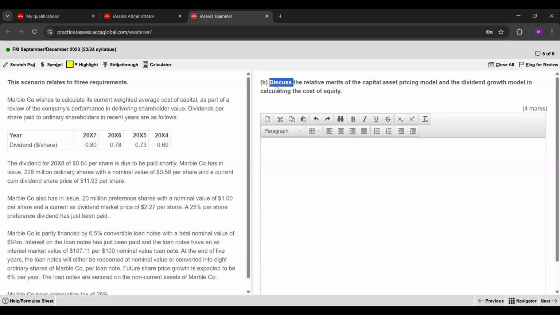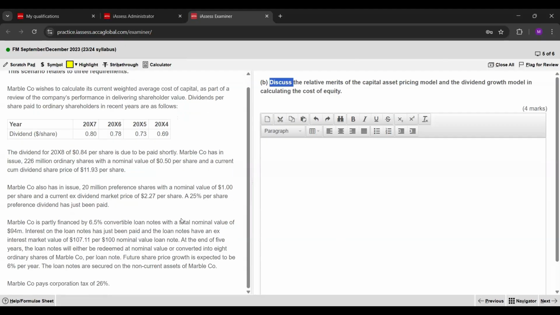Relative merits means advantages of the capital asset pricing model and the dividend growth model in calculating the cost of equity. So what are the relative advantages of the CAPM and the dividend growth model? Mainly we are going to focus on the good things, but slightly on the bad things, because they didn't say advantages and disadvantages.